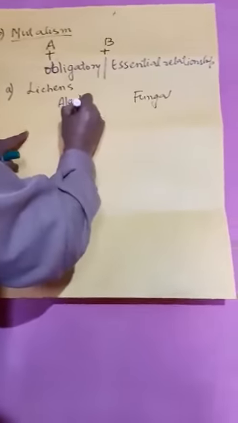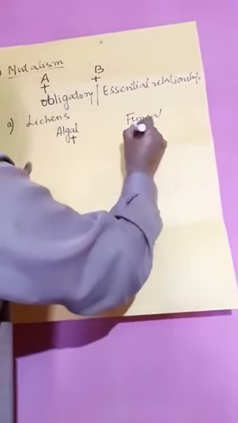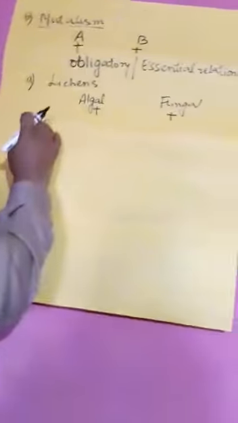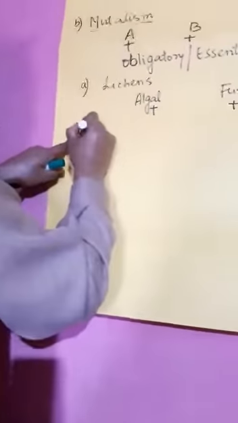So this alga gets benefited, this fungus gets benefit, and this association is obligatory, this relationship is essential.